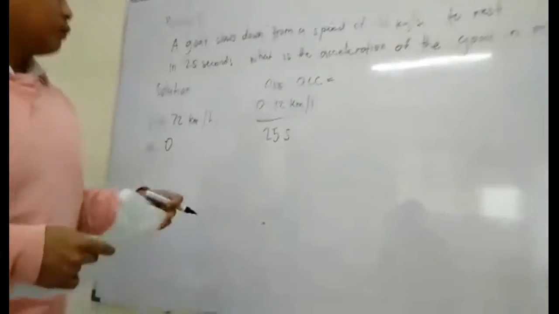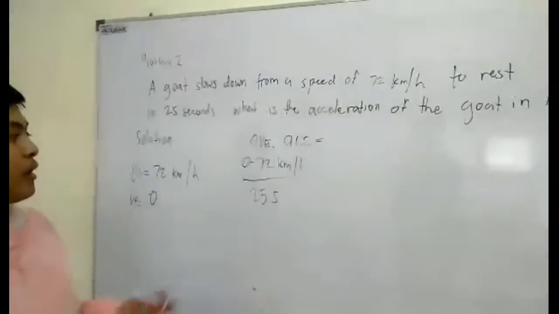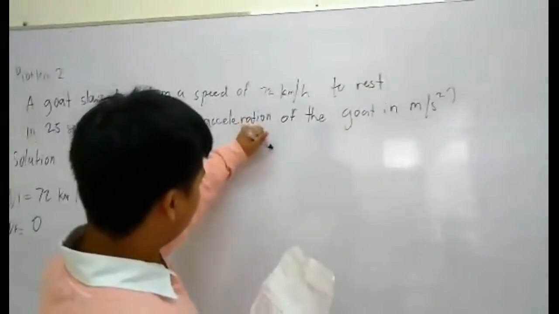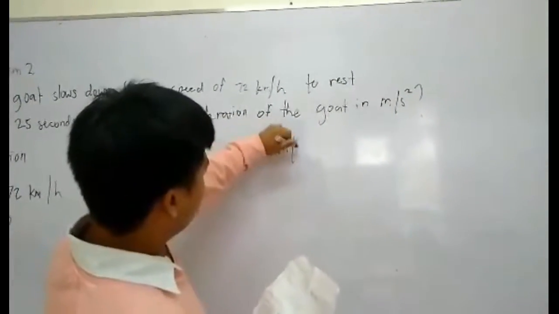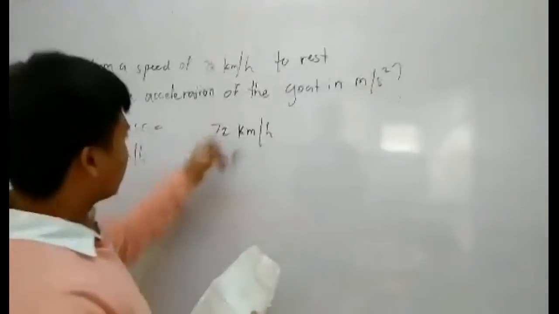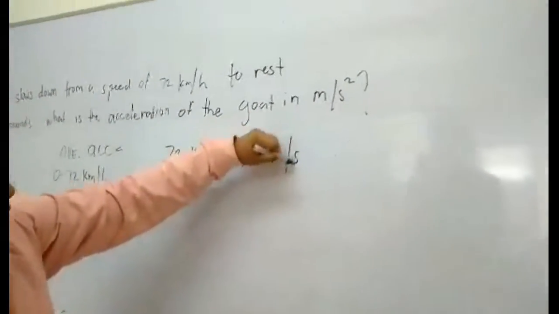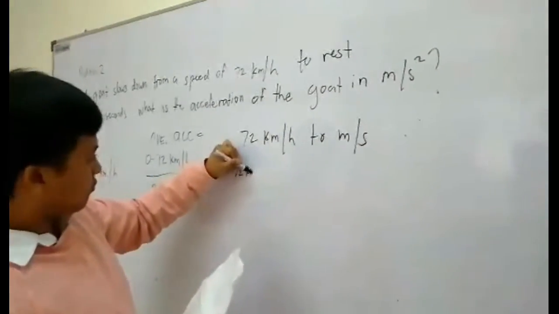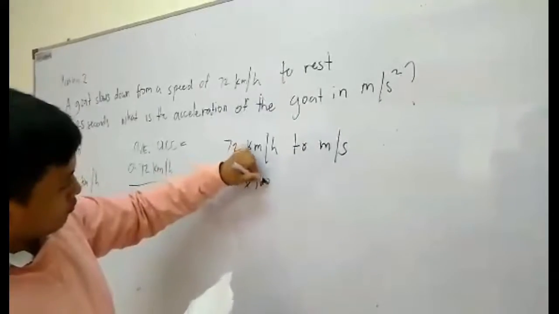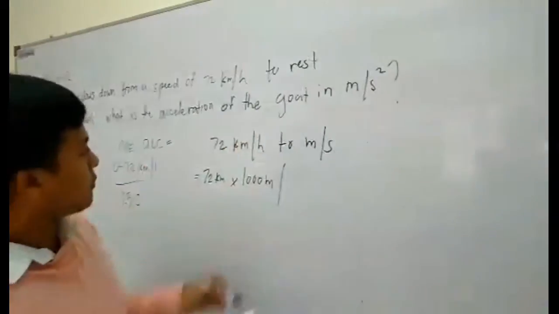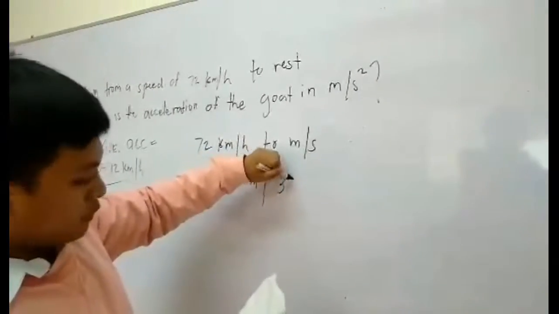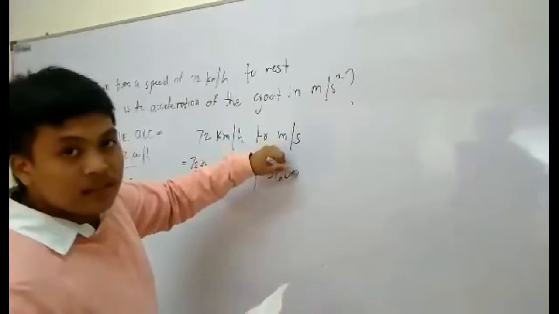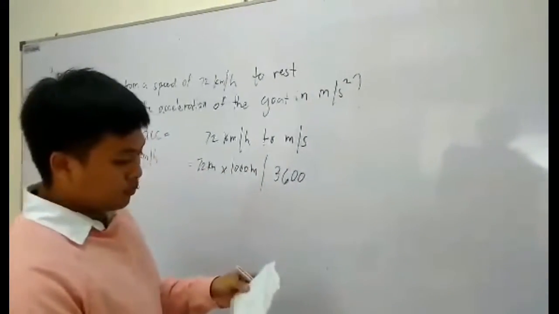And now, we convert the 72 kilometers per hour into meters per second. 3,600 is the total number of seconds in 1 hour, and 1,000 meters.